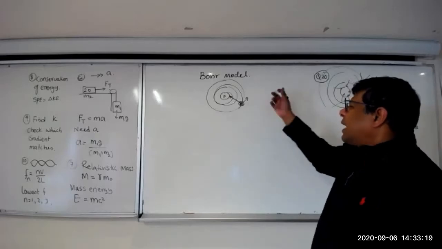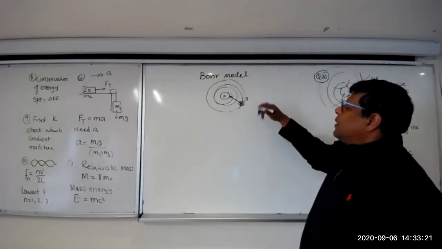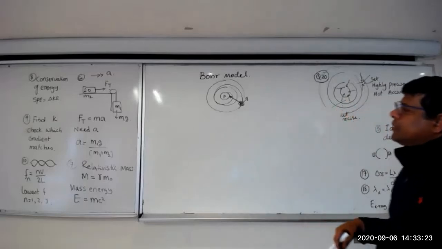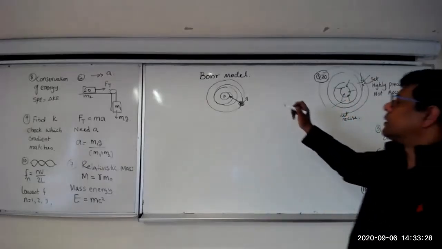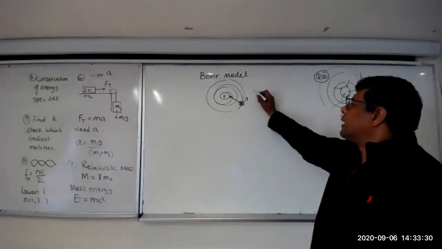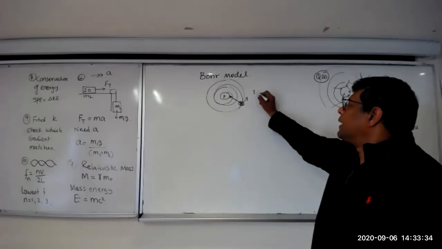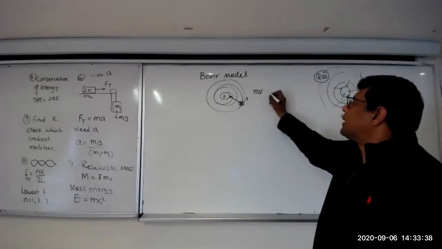So he brought in a semi-classical, more mathematical approach. There was a complaint that he was bringing maths to justify his answer. His mathematical relationship was the angular momentum, the linear momentum of this electron times the radius.